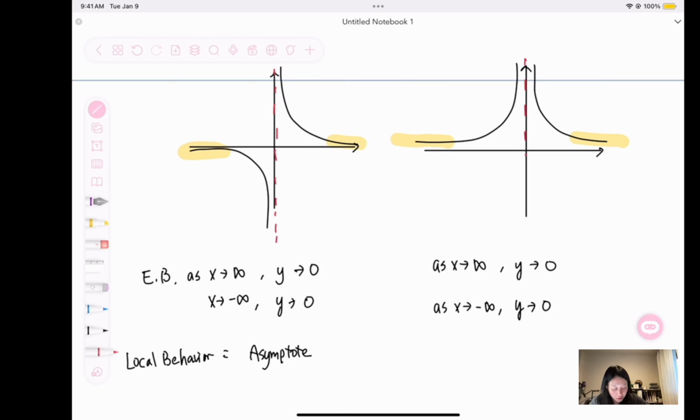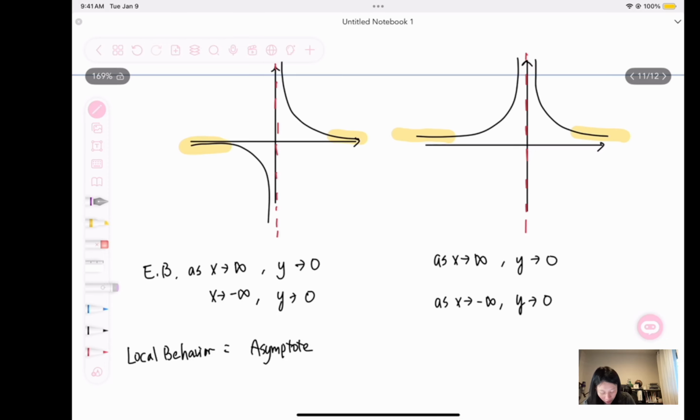Okay, now let's look at the vertical asymptote. If x is coming from the left, approaching the asymptote, which is when x equals 0, y goes down infinitely. So as x approaches 0, y goes to negative infinity.